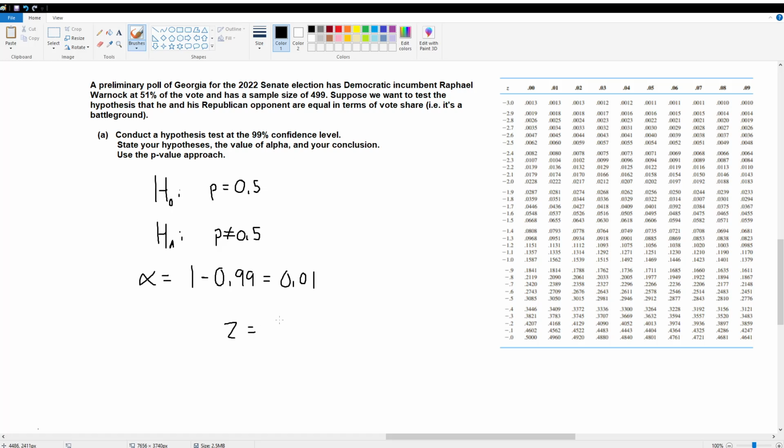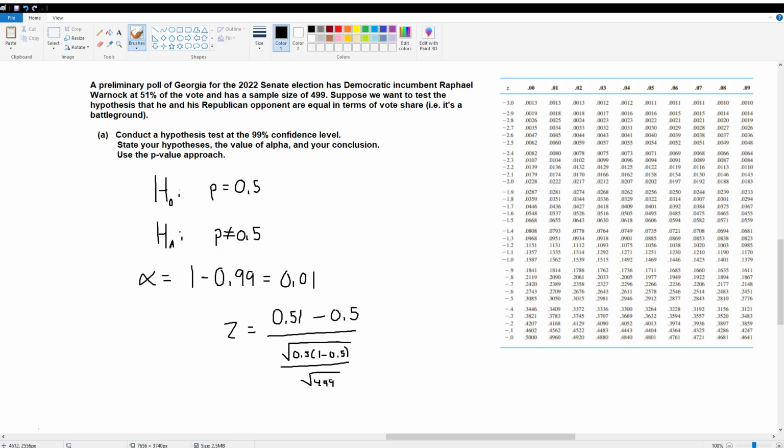So now let's compute our test statistic z. This is going to be equal to the poll result, which was 51%, ended up being essentially the actual result, subtracted from the hypothesized proportion of 0.5, and then divided by our standard error, which we get by taking the 0.5, subtracting that from 1, which gives the same thing back, and then dividing by the square root of our sample size of 499.